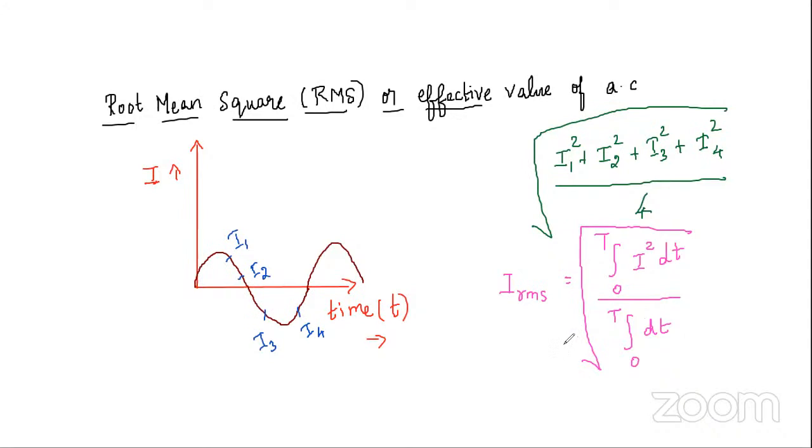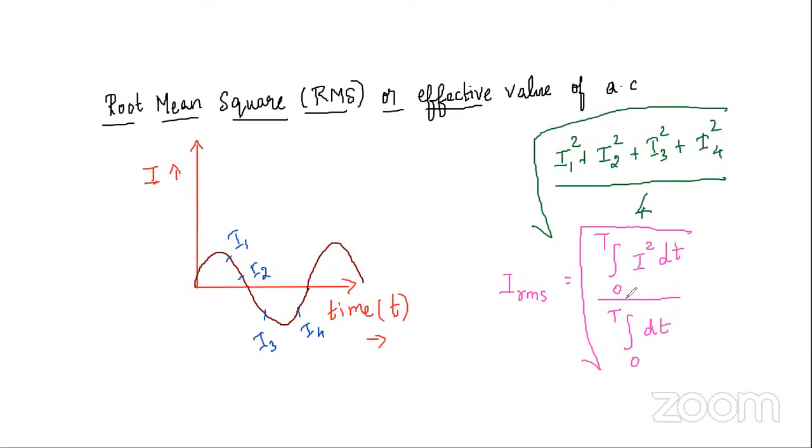For voltage also the same procedure is applicable. If you have voltage along the y-axis instead of current, in that case you will do the same mathematical operation for different values of voltage, E1, E2, E3, E4, like that. You have to consider the different values of voltages, that is E1, E2, E3, and then you need to take the RMS value.